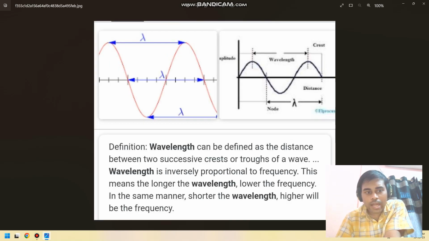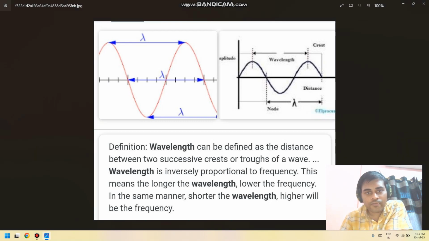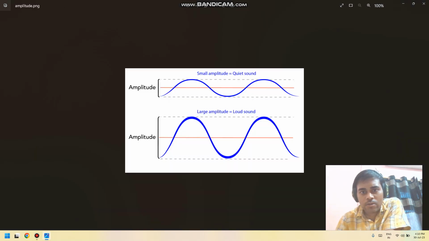So there are three parameters: wavelength, distance, and amplitude. Remember, my friends. Can you spot the difference between these two waves?